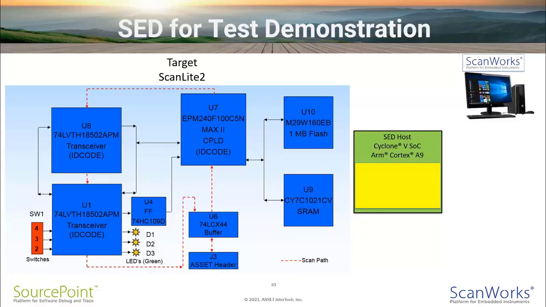You can see up in the top right-hand corner there's my PC with ScanWorks installed. The first step, I'll access the SCD host, again that's our Cyclone 5 SoC, using an Ethernet connection, and then I'll create the necessary file structure within the Cyclone 5.